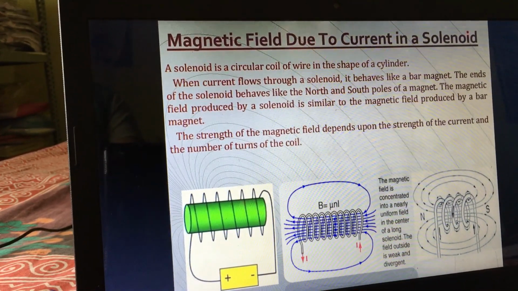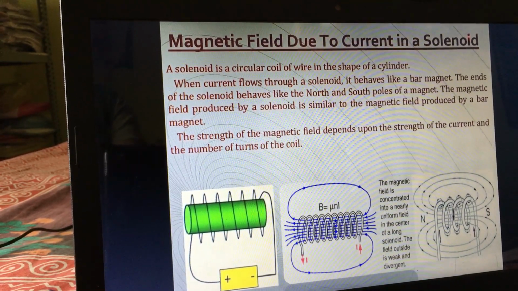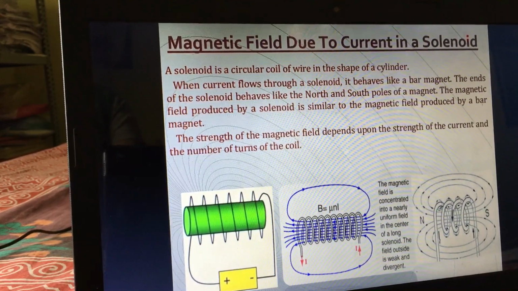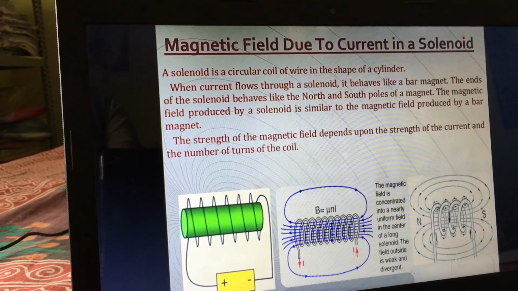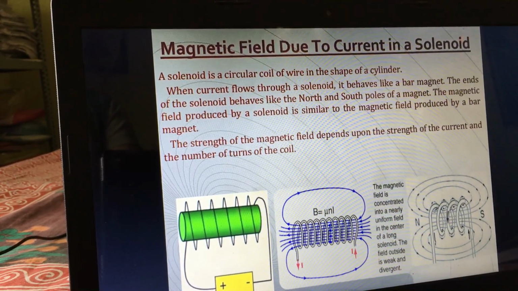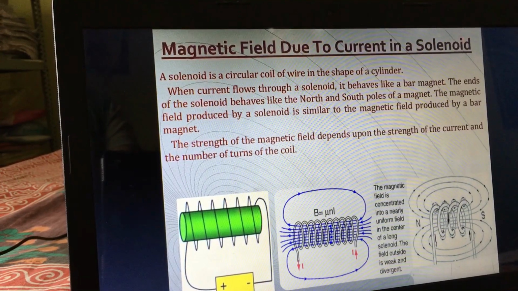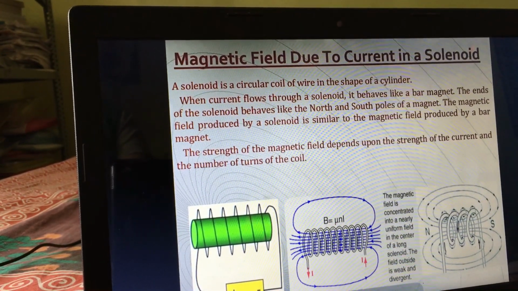You know that in a car there is an auto start system. So auto start is due to the presence of a solenoid. So if you want to further increase the magnetic field, we need a solenoid. So that is what we learned about the solenoid.